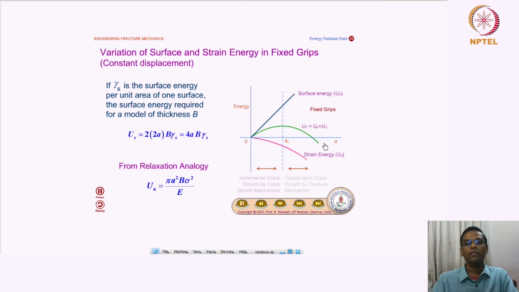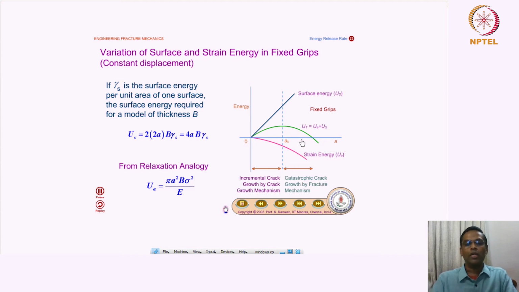The net total is U_T equal to U_S plus U_A, which gives a curve like this. That means it gives a maximum. So what does it mean? It demarcates this curve into two segments, which is very, very important conceptually.